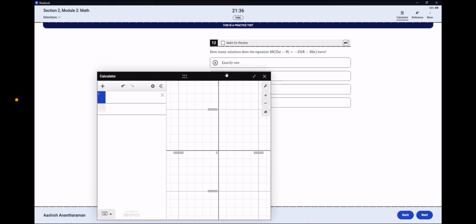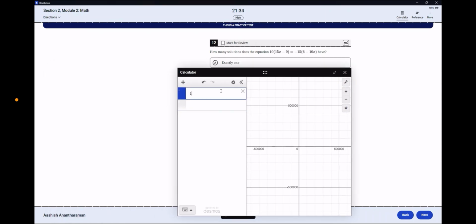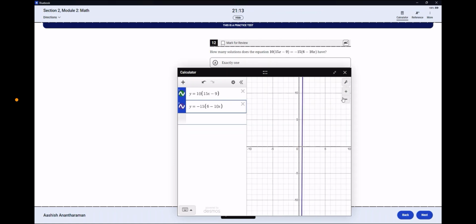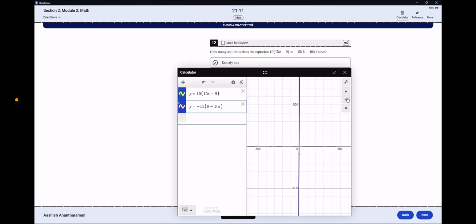So another thing we can do is just y equals 10, 15x minus 9. And then y equals negative 15, 6 minus 10x. So this will show you we're trying to find where the y's intersect.